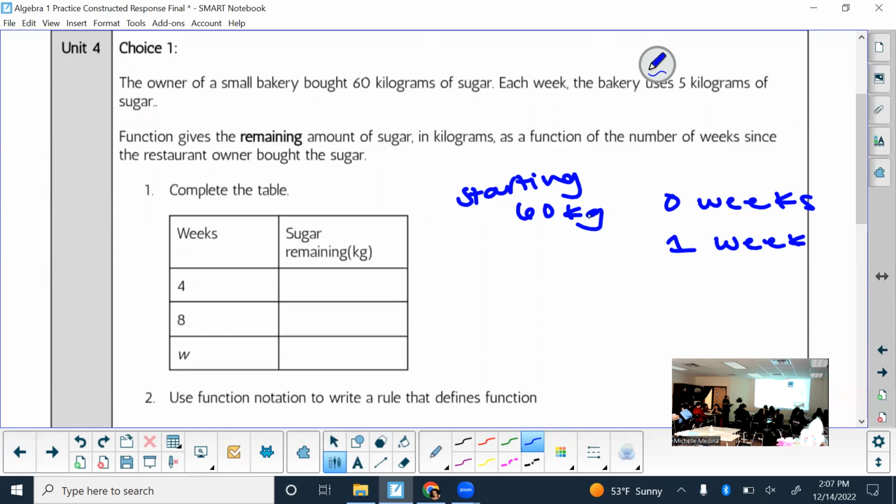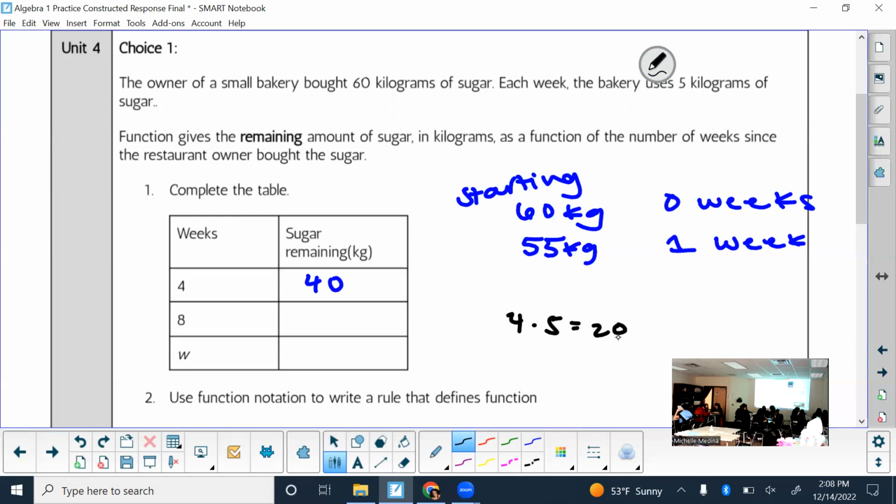Remaining. 55, because it says they use how much each week? 5. So then at 4 weeks, how much do they have remaining? So 40, let's see. You could go down week by week, but you could also do 4 times 5, right? 4 times 5 is 20.